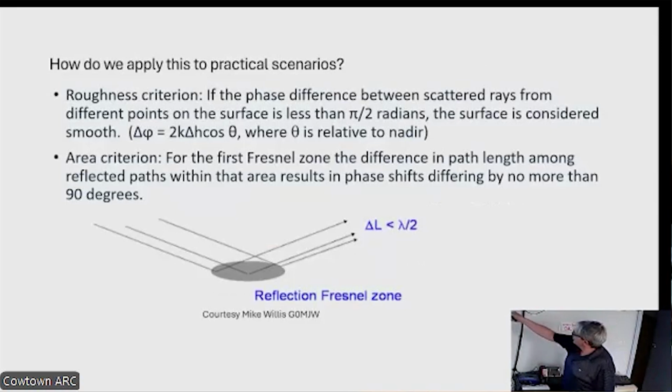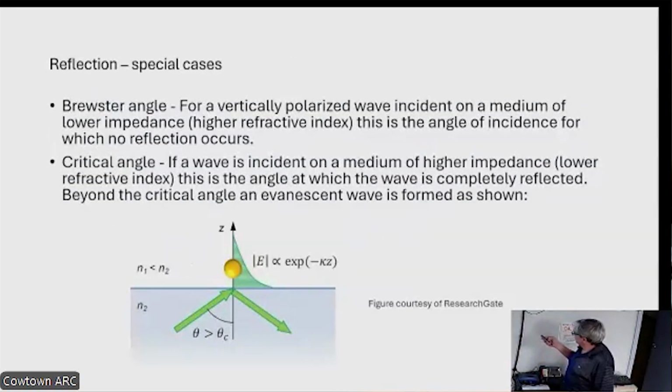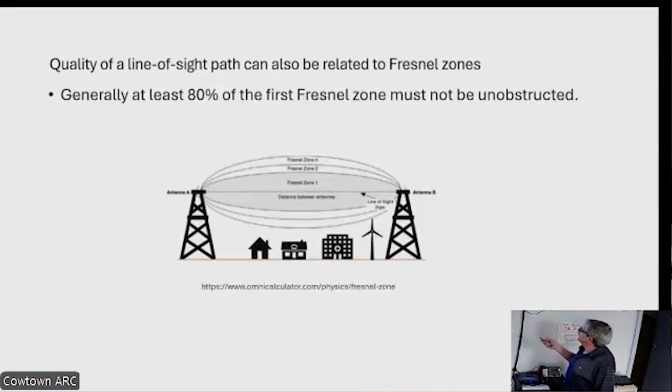The Fresnel zones in reflection become elliptical once you project them onto the ground, but we're still looking at the different rays propagating from one antenna to another and making sure they're no more than λ/2 different from each other. Within that first Fresnel zone, all the rays are within λ/2 of each other. If you double the frequency of your signal, does the zone get taller or shorter?